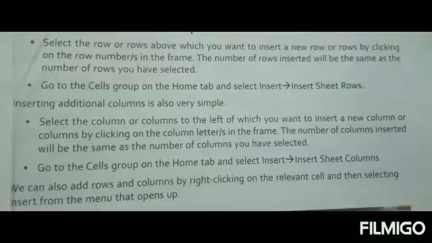Go to the Cells group on the Home tab and select Insert Sheet Rows. Select the column or columns to the left of which you want to insert a new column or columns by clicking on the column letter in the frame. Go to the Cells group on the Home tab and select Insert Sheet Columns. In this way you can insert new rows and columns.